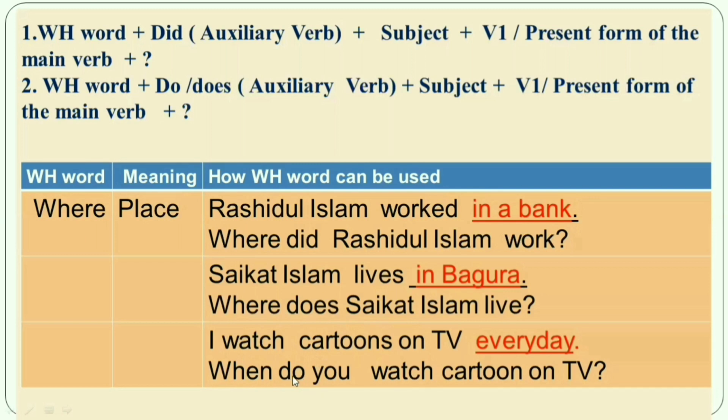So right here "do", and then the subject "I". So you know that in a question, instead of "I", you have to use "you", okay? So "when do you", then the present form of the main verb "watch", then the rest of the words "cartoons on TV". And at last, a question mark will be given.